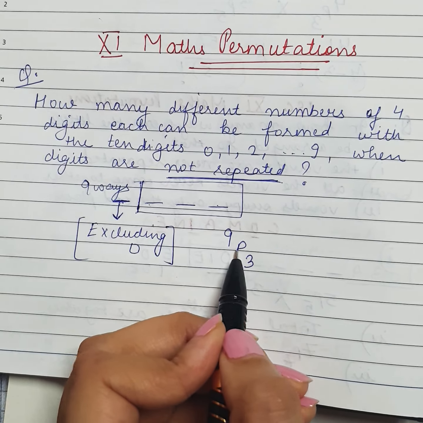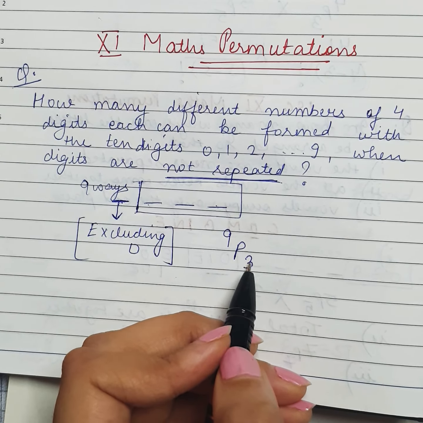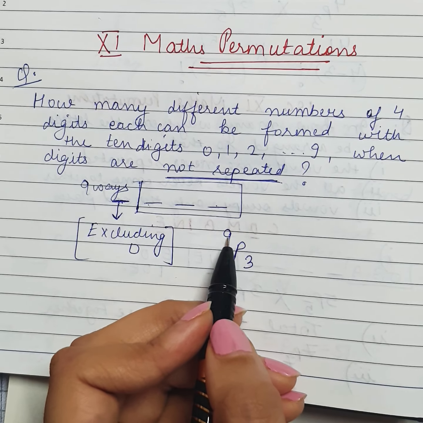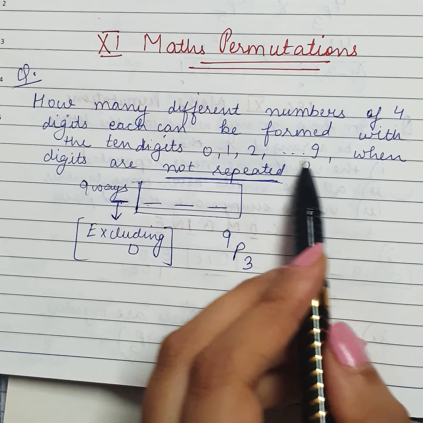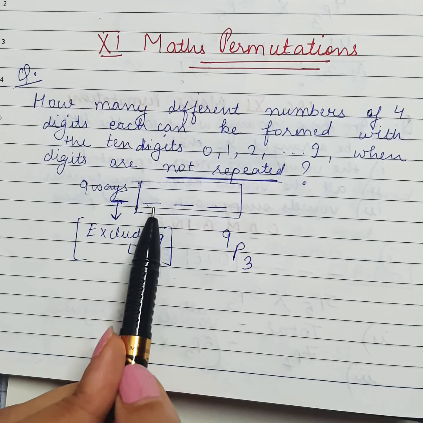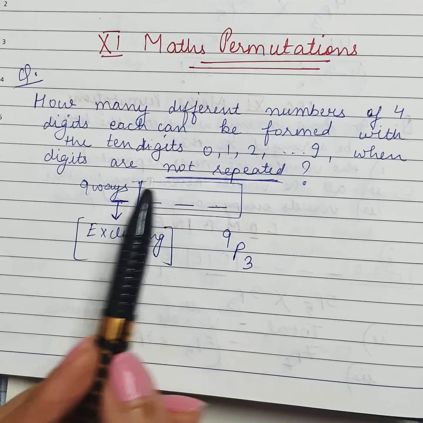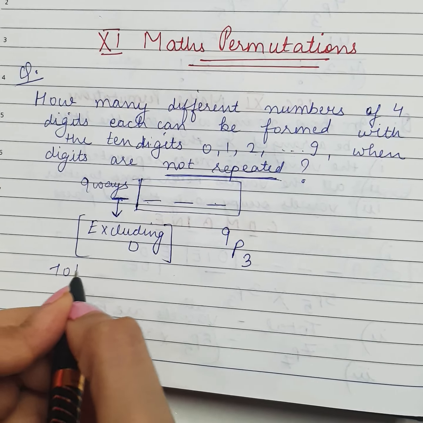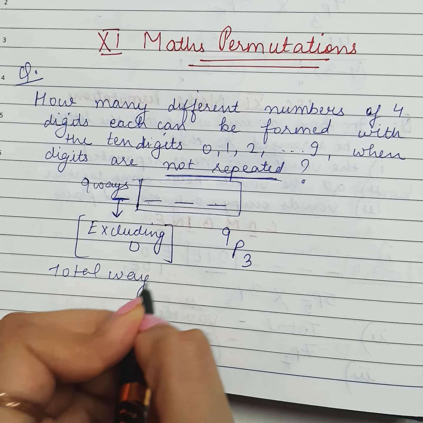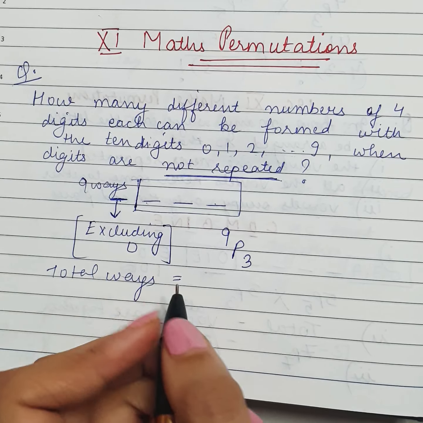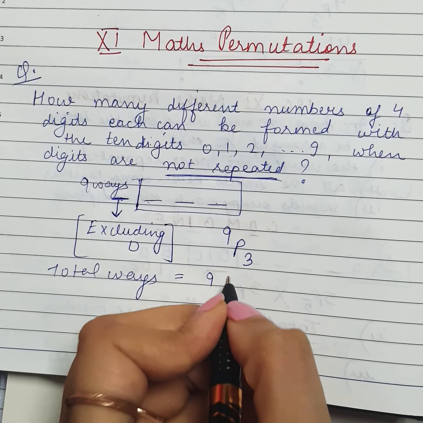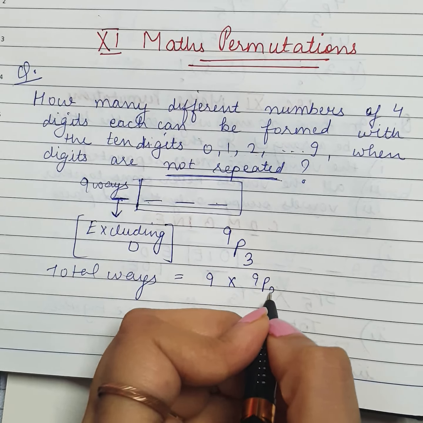That means selection and arrangement of 3 items out of 9 items. So 9 choices we have, but we have to select 3 and arrange them. So total numbers which we are making are 9 into 9P3.